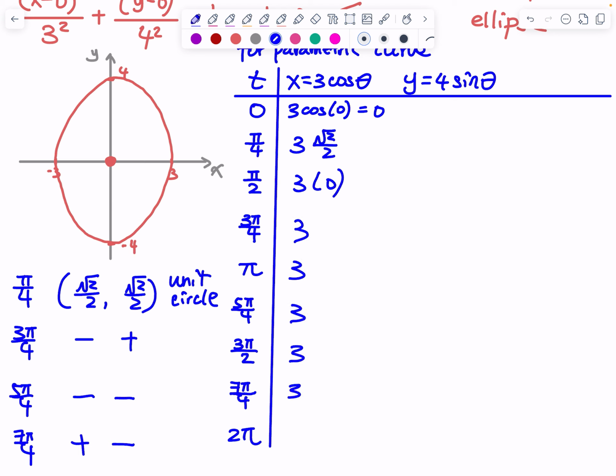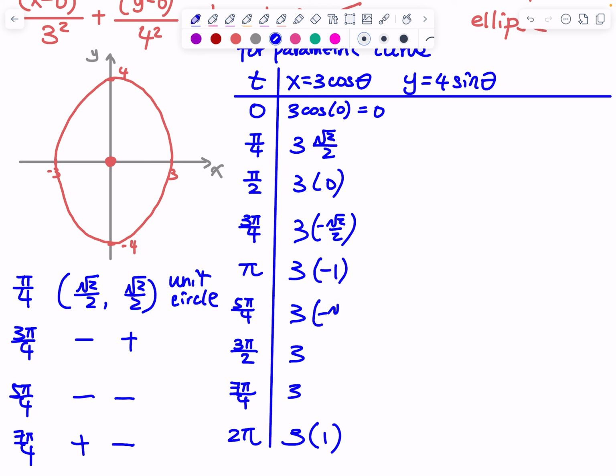3 times. Cosine of 2 pi is equals to 1, right? Yes, cosine of 2 pi is equals to 1. And then 3 pi over 4, that is negative root 2 over 2. And then pi, x is equals to negative 1.